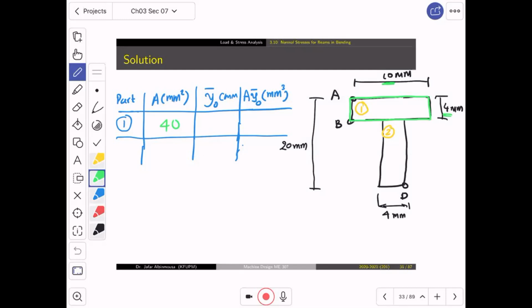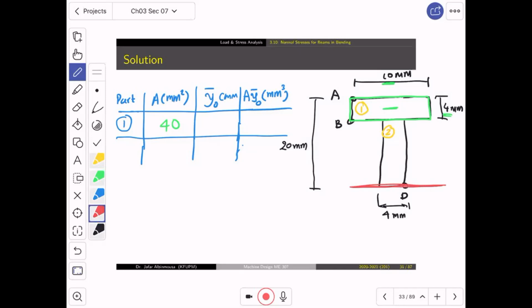Listen, y bar is the centroid of the area. So if I choose area 1, the centroid for area 1, I know that it is at the middle of it. The question is where? How far this centroid is from a reference. So to make it look easy for me, I'm gonna use a reference which is below, just better than up and looking down. Down, looking up is better.